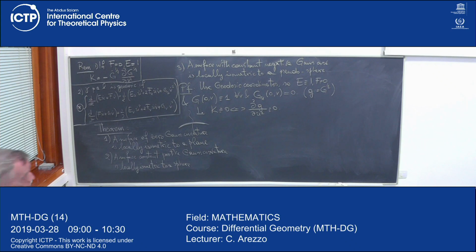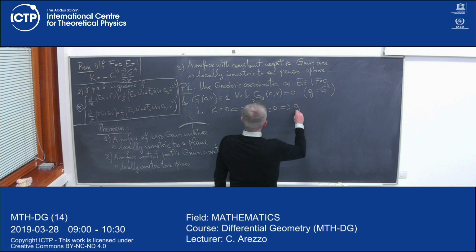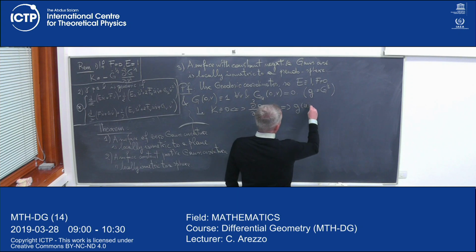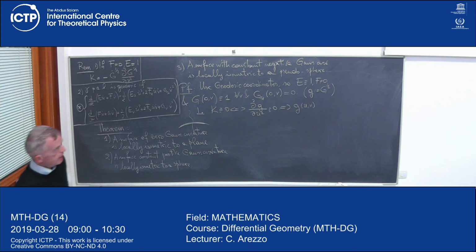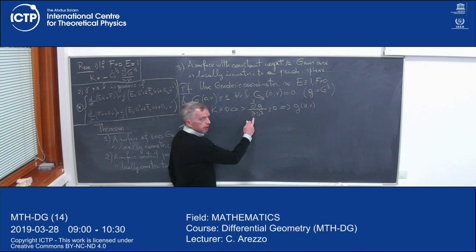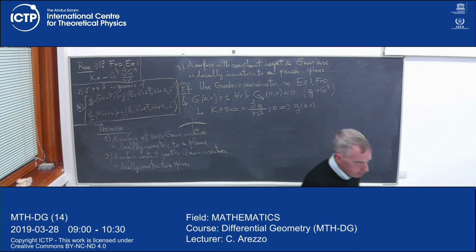But then I know a little bit what it looks like. G is a function of two variables, u and v, and this tells me the behavior in the u variable: it is linear. The coefficients will be functions of v, of which I know nothing.